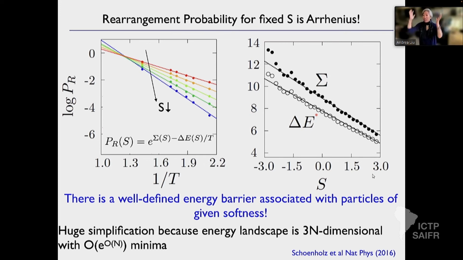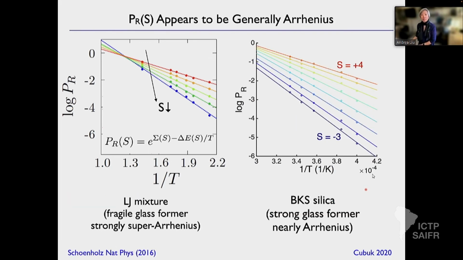From a purely structural quantity that's fast to calculate. I don't have to do complicated things like the elastic band method to find the height of energy barriers in this really high-dimensional landscape, which is impossible anyway. I can just do this and gain some information about the energy barriers.